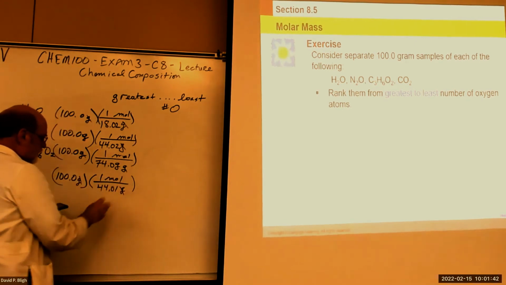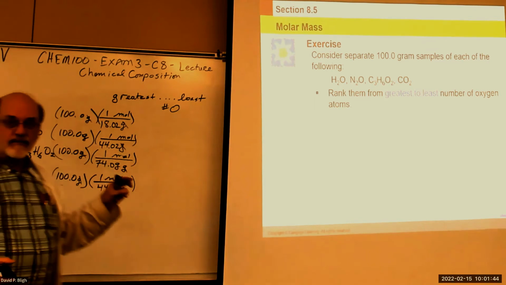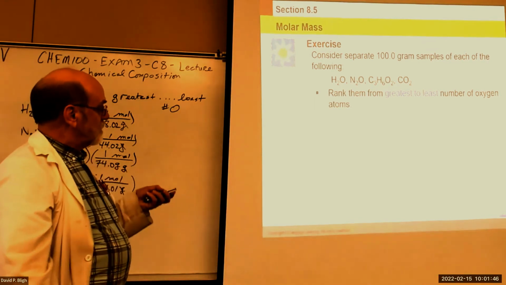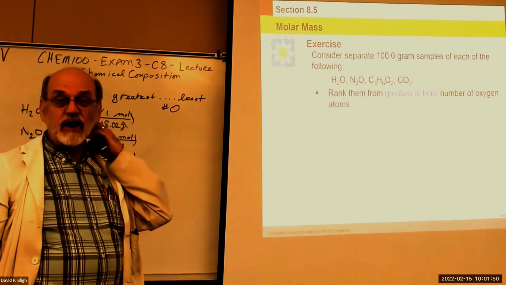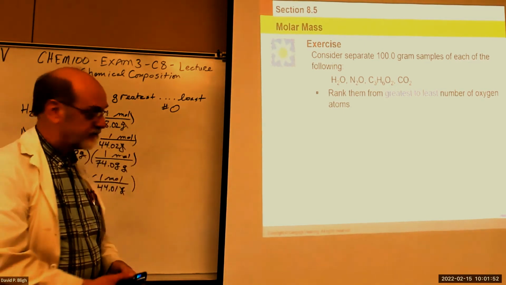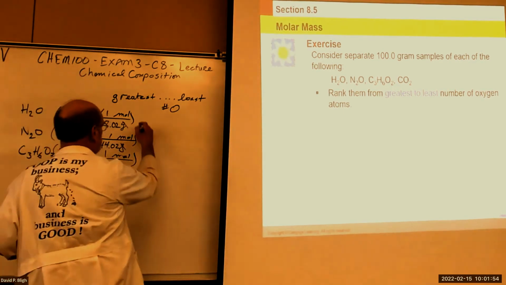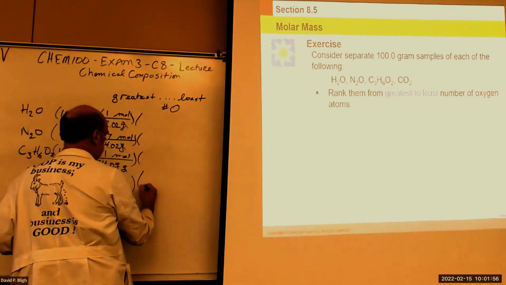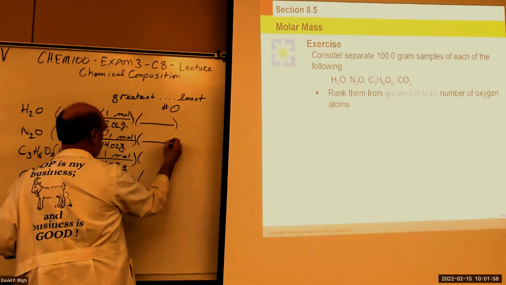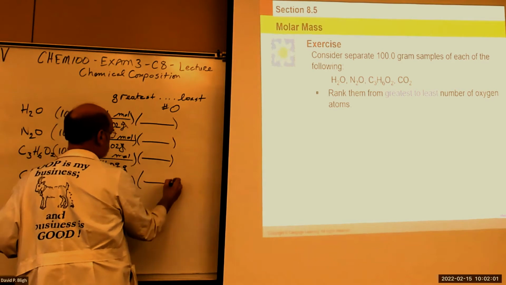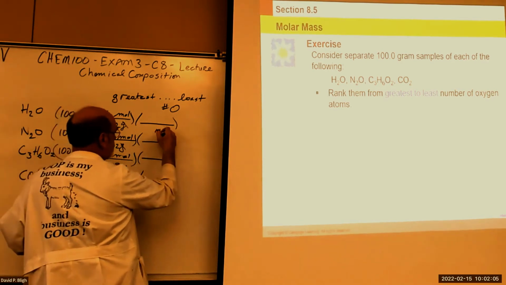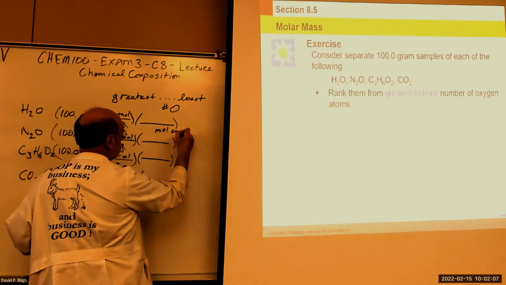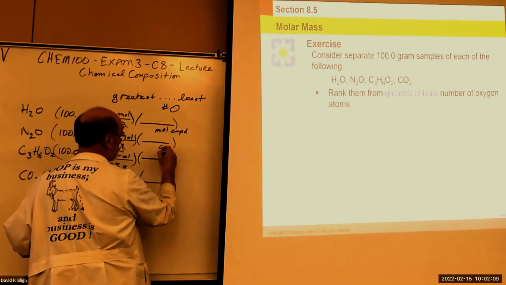Okay, so now this tells us how many moles of the compound we have. But the question is the number of oxygen atoms. How many moles of oxygen do we have? What we need is the ratio. Right? More assembly line. So this is moles of compound on the bottom.